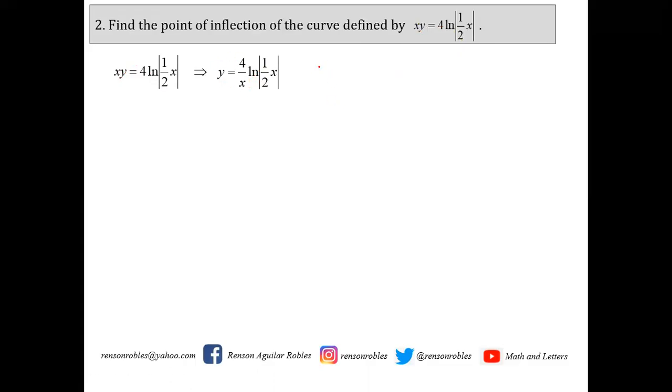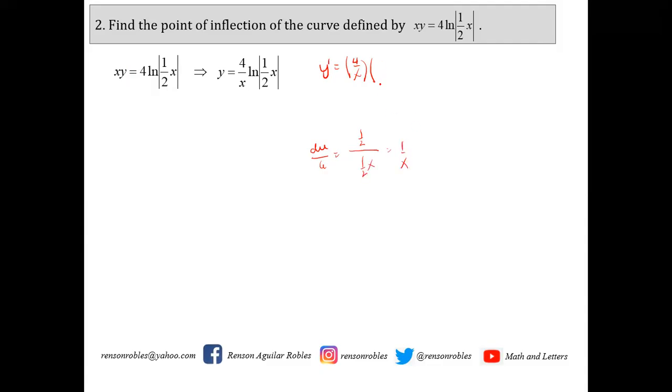And then to find y prime, we use the derivative of a product. So we have 4 over x times the derivative of ln 1 half x. Then we use du over u. So the derivative of 1 half x is 1 half, and then all over u, which is 1 half x. So we have 1 over x alone.